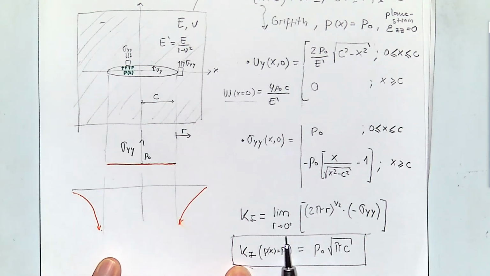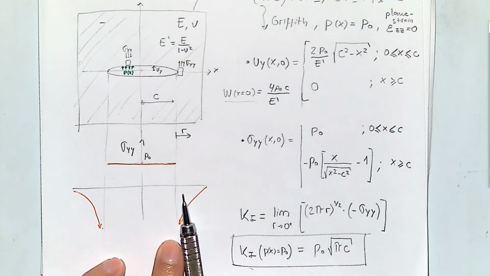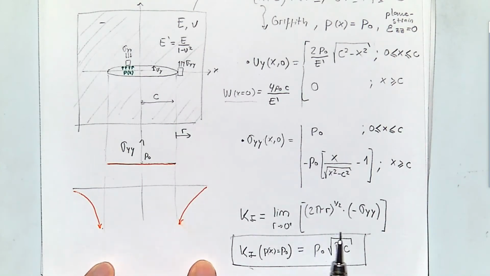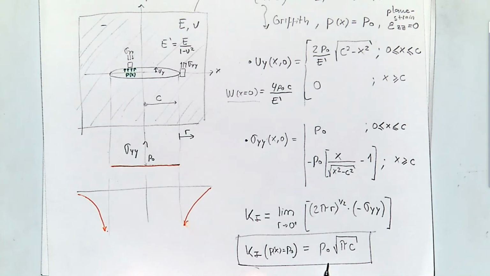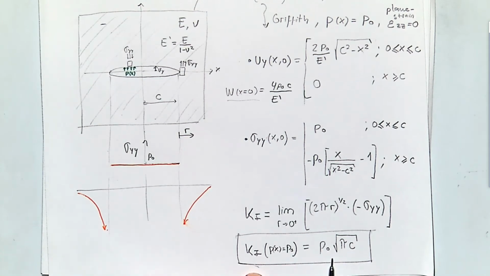When you take the limit of that product as you approach the tip, one term goes to 0 and the other goes to negative infinity, but when you take the product, some terms cancel out, and you end up with a finite number that tells you the intensity at the tip. That's proportional to the pressure in the fracture and the square root of the length of the fracture. So longer fractures, for the same pressure, have a higher stress intensity.